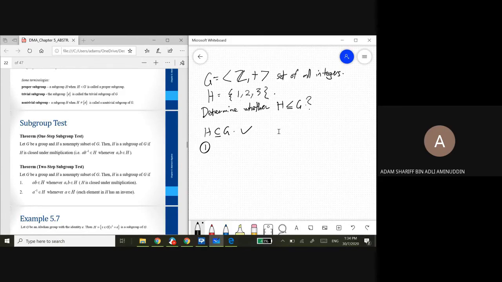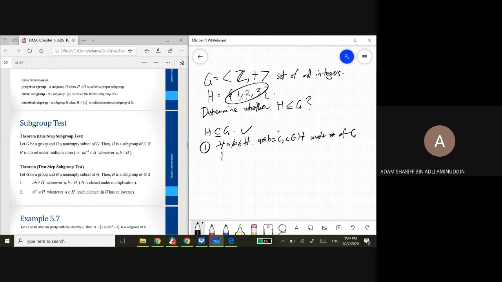Okay, it says here that A must be for every element, saya ulang balik. For every 2 element in H, A binary operation with B produce C, C is also in H under binary operation of G. Okay, macam mana nak apply kat sini? Macam ni. Kita ambil finite element sini.